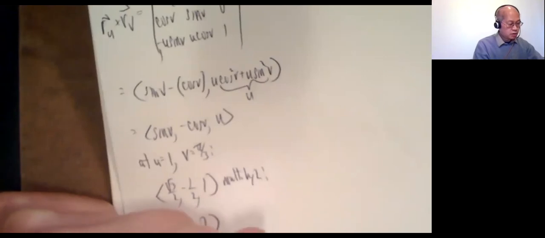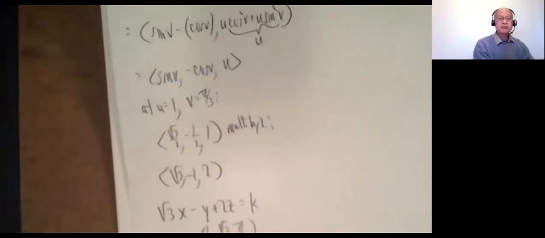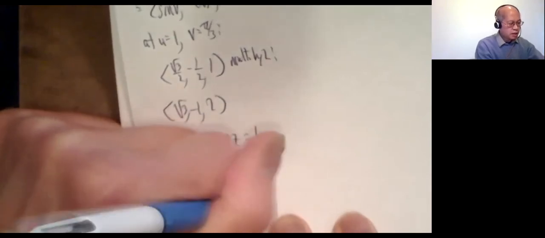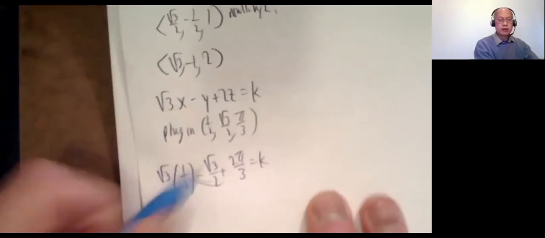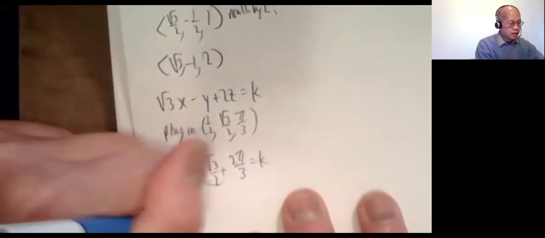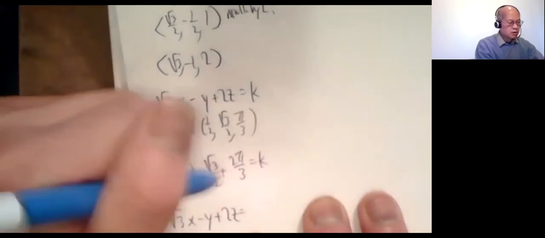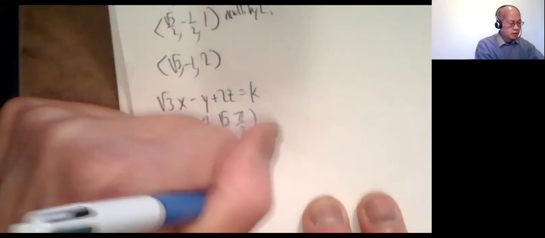So radical 3 times 1/2 minus radical 3 over 2 plus 2 pi over 3 equals k. These guys cancel out, so k is 2 pi over 3. So the final answer: radical 3x minus y plus 2z equals 2 pi over 3.